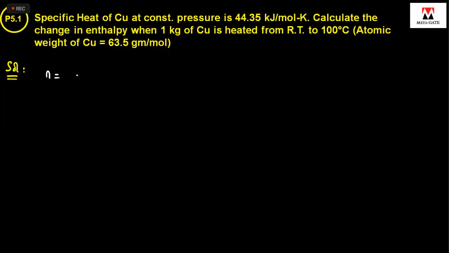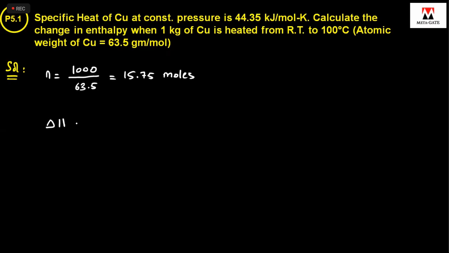See, we know that delta H is integral T1 to T2 NCp dT, where N is the number of moles. But in the question, number of moles is not given. Mass is given. Then atomic weight is also given. So you can convert the mass into number of moles. So this is 1000 by 63.5. This comes to about 15.75 moles.